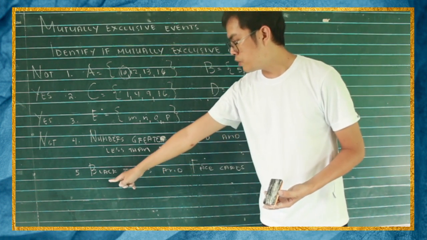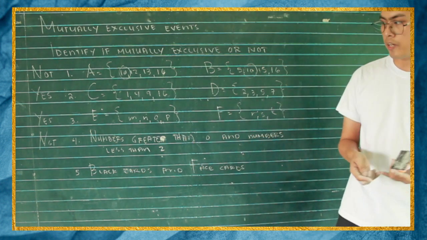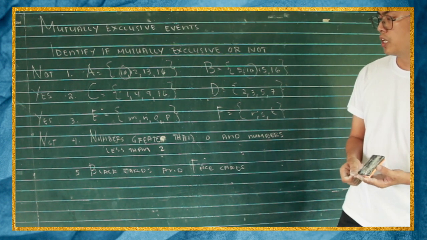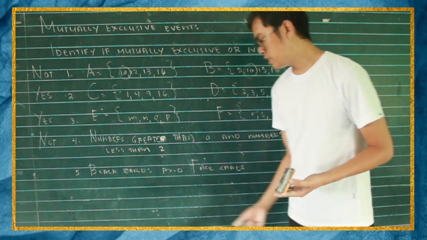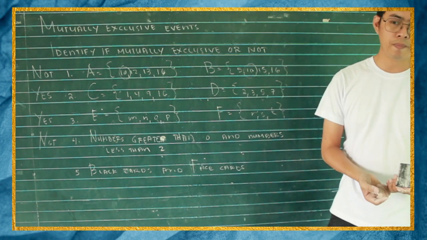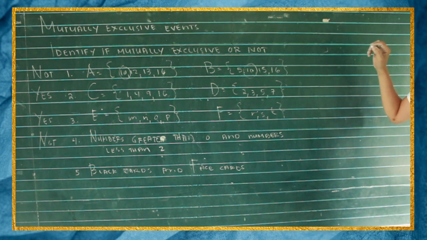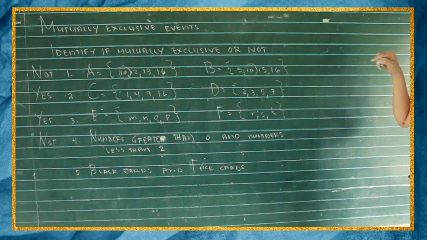So number 5, black cards and face cards. How can we identify if this is a mutually exclusive event or not? All you have to check is, are there black cards that are at the same time face cards? Yes, they are the jack, queen, and king of spades, and the jack, queen, and king of clover.